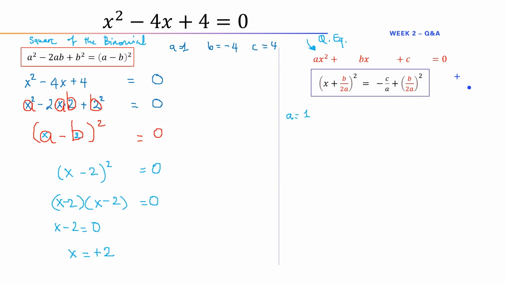We check for completing the square, right? So A equal 1, B is negative 4, and that's even. So we use the first formula, right? We use x plus b over 2 squared equal minus c plus b over 2 squared.